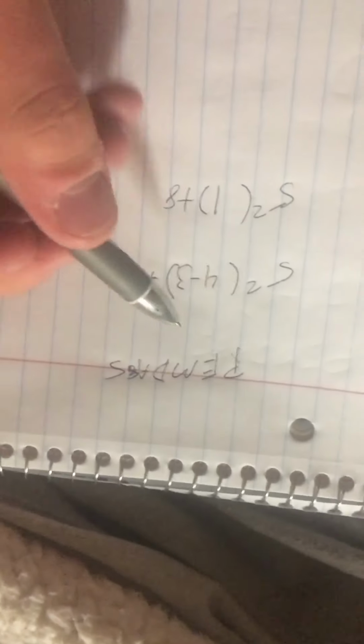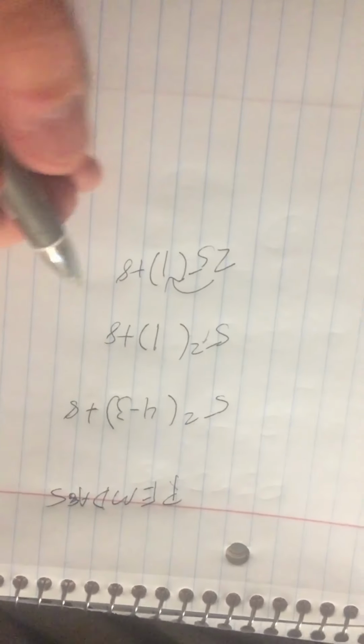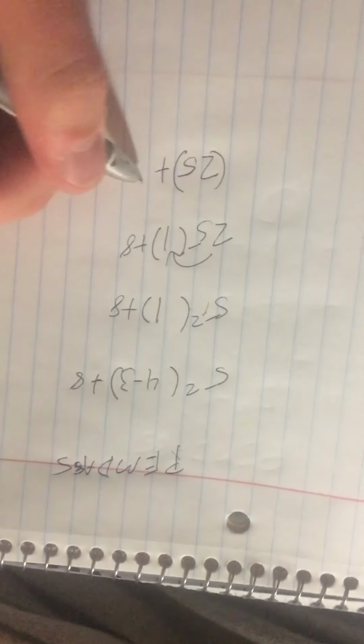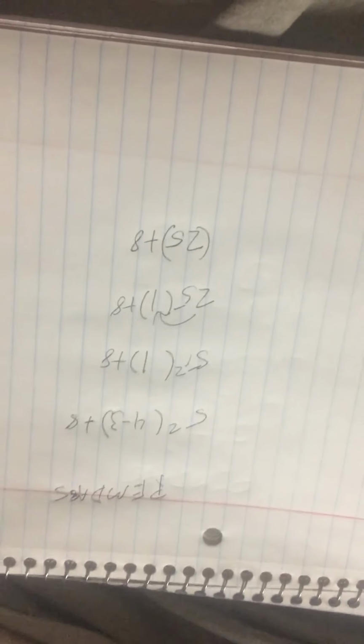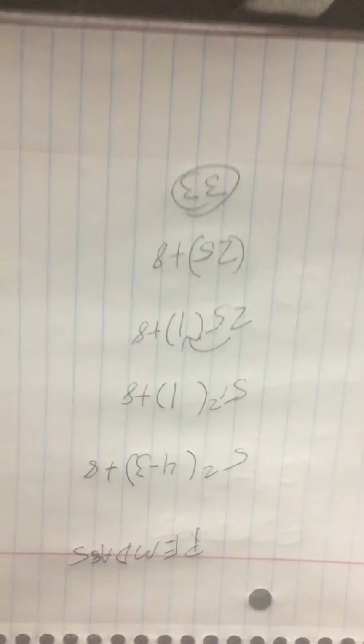So it'll be 5 squared times 1, plus 8. Now we have the exponent, so we do the 5 squared. So it'll be 25 times 1, plus 8. We distribute the 25 into the 1, so it'll be 25 plus 8. 25 plus 8 equals 33. And that is your final answer.